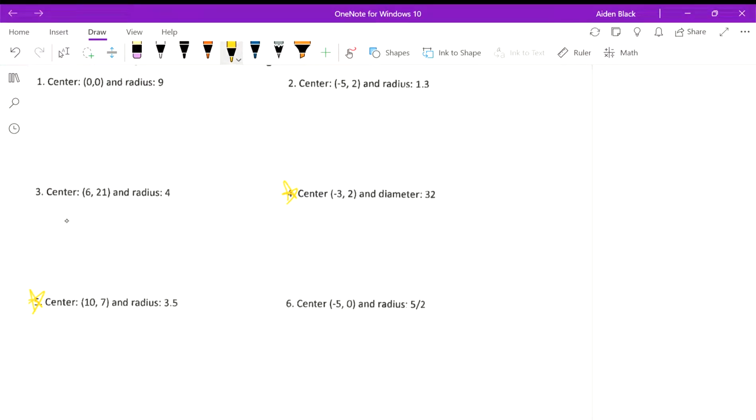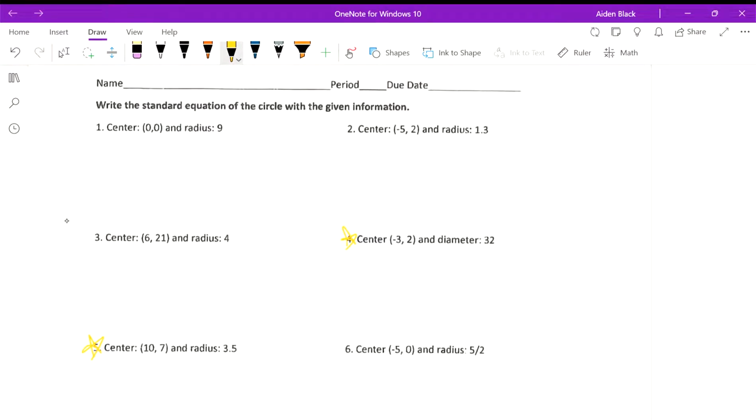doing it. I'll write right up here just the standard form of the equation of a circle. Looks like this, and I'll show you right here. I like to do these sort of like a stencil.